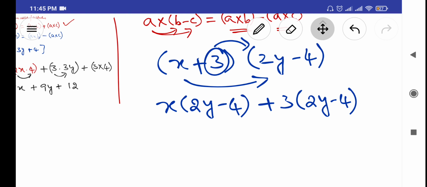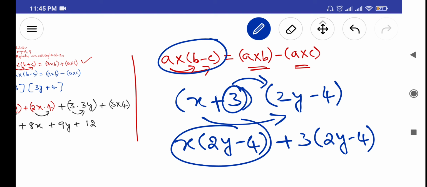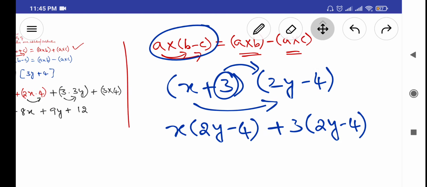Now this looks the same: outside only one term is there. In the place of a, x; in the place of b, 2y; in the place of c, 4. Simply do a into b minus a into c. Same way here also. So we'll open the brackets now.